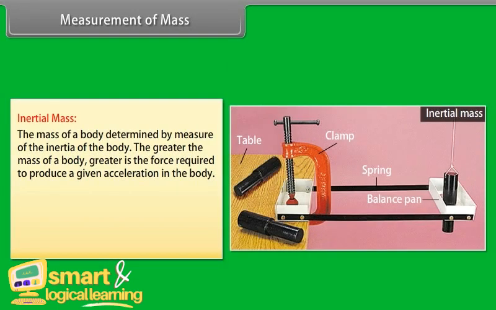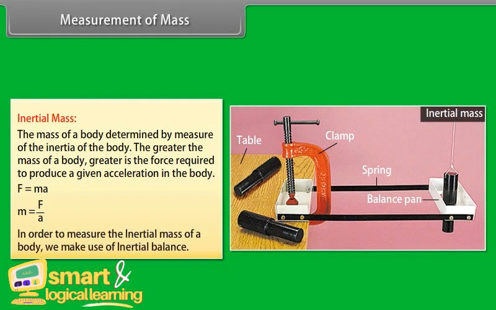The mass of the body is determined by measure of the inertia of the body. The greater the mass of a body, the greater is the force required to produce a given acceleration in the body. F = ma or m = F/a. Thus, a very heavy body has a larger inertial mass than a light body.